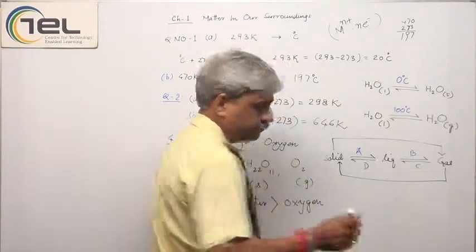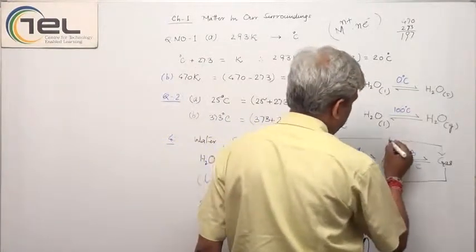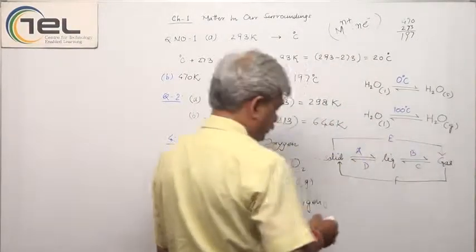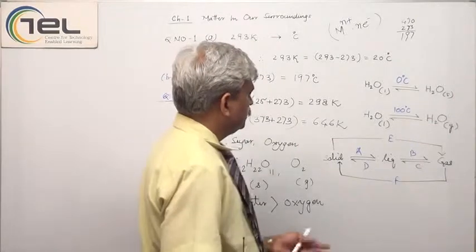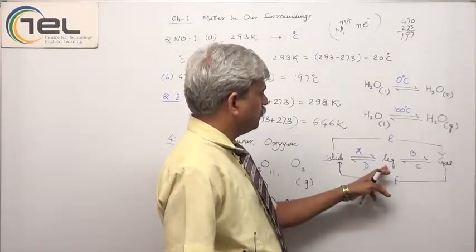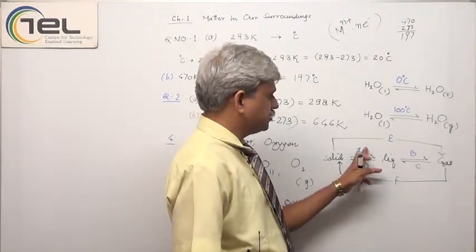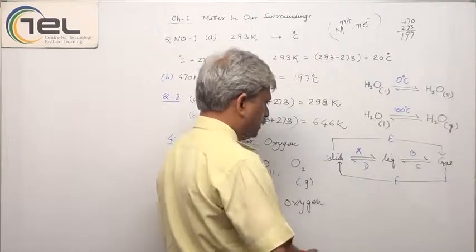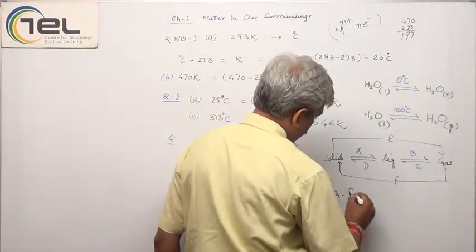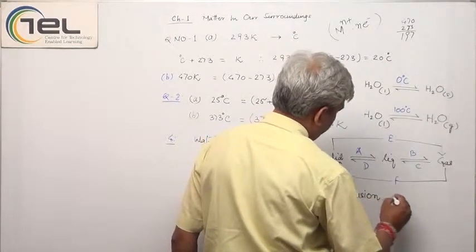So here this is E and this is F. What is A? This equilibrium, when solid converts into a liquid, we call it fusion. So A is the process of fusion.